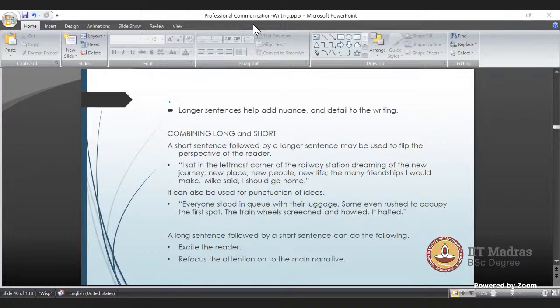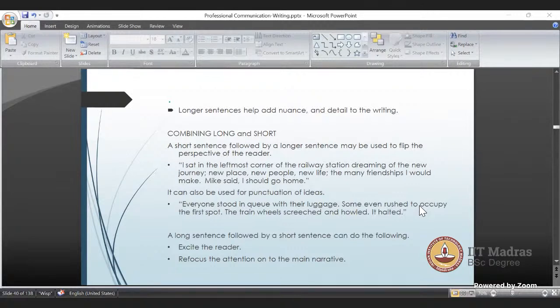The first one is to flip the perspective of the reader. You can use it in such circumstances, and also in the cases where you want to punctuate ideas, right? You can use a short sentence. Is that clear? Can you see it? Yes, ma'am. Here, it halted is a short sentence which is punctuating the ideas. Yeah, absolutely.